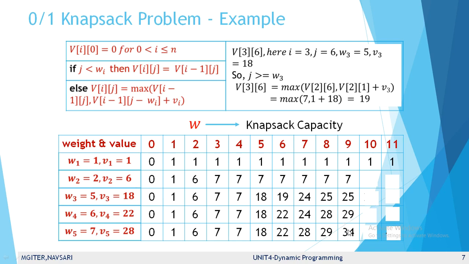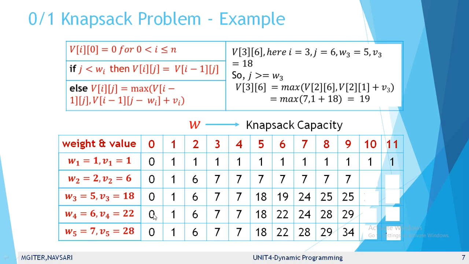Now at i equal to 5, we have two choices. First is object 5 and object 2: 7 plus 2 is 9, and the profit is 28 plus 6, that is 34.